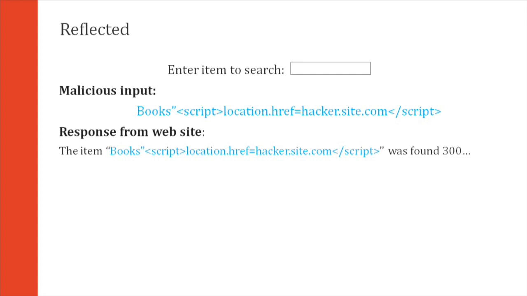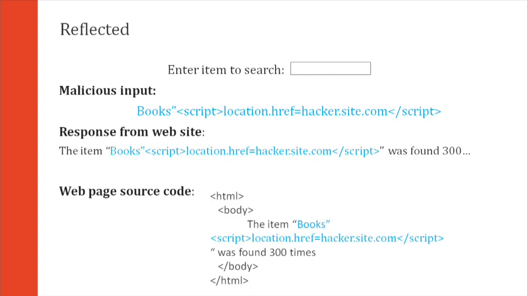When we send this search, the application is going to respond saying, hey, the item books plus the script block was found 300 times. What we are seeing here is that the attacker sent JavaScript code which was sent back in the response, and therefore the browser is going to execute that JavaScript.